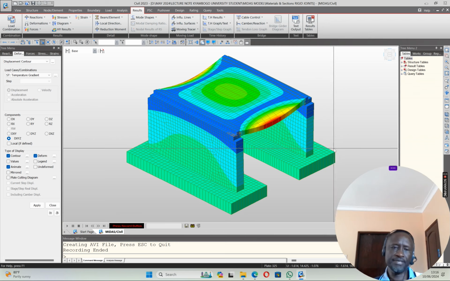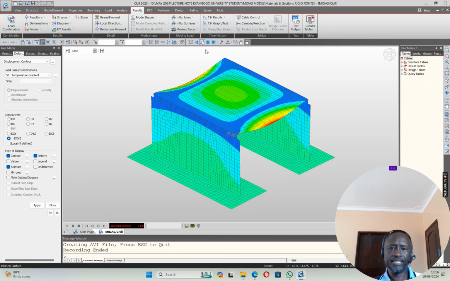If you look at the behavior of response to temperature, you realize that for simply supported, the temperature was more concentrated midway, but in this case we have fixed the deck at the abutment area, and therefore there are free edges here.